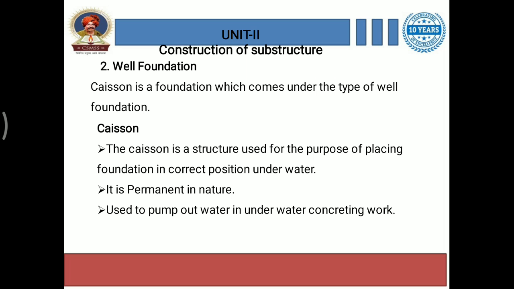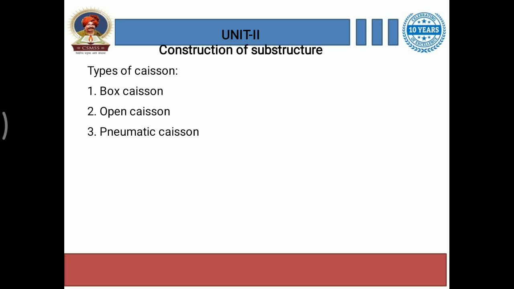Caissons are permanent structures constructed underground. These are used to pump out water in underwater concreting work. Okay, so these are some general points regarding the caisson. Then types of caisson.